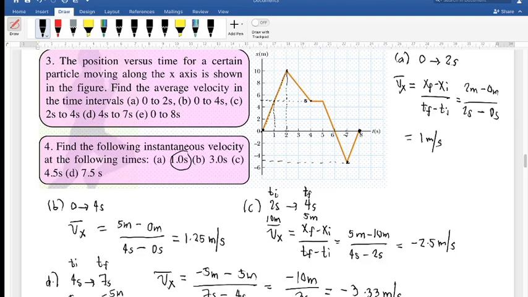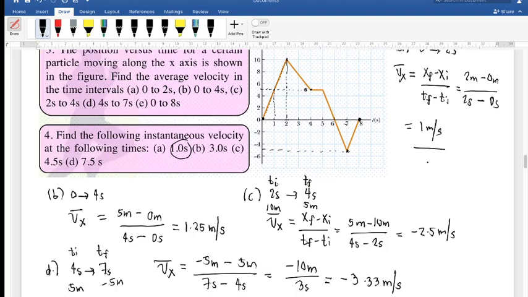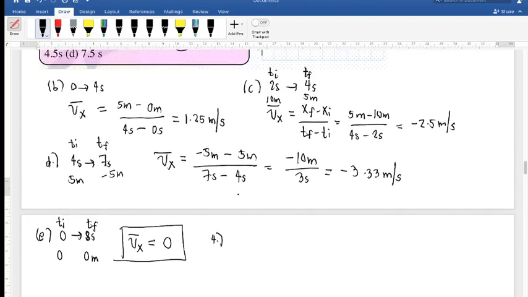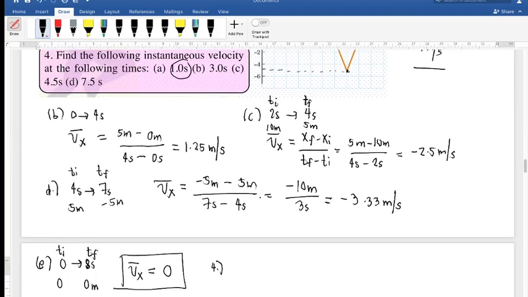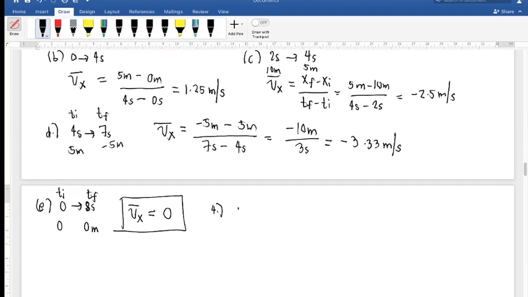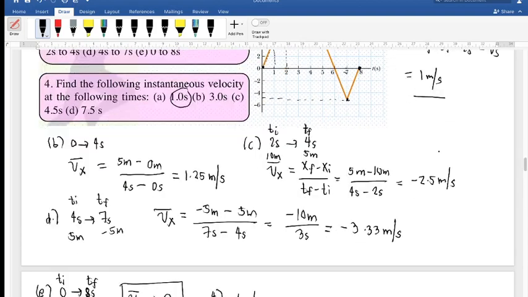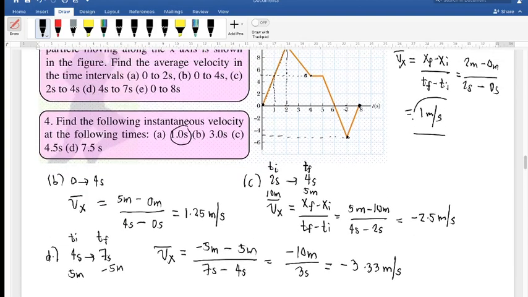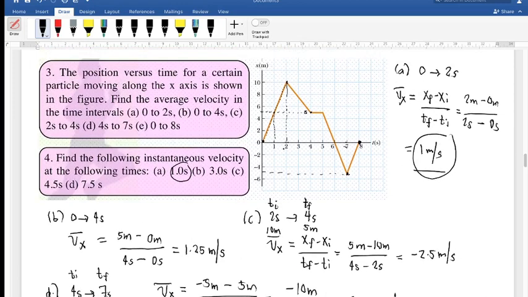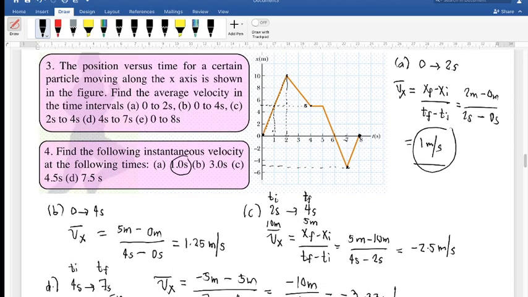So meaning that from i-average na mo from 0 to 2, you still can get equal to 1 meter per second. Okay, so therefore, yung instantaneous velocity mo at 1 second is again still equal to 1 meter per second. So same nito yung first natin, so letter A sa 0 to 2 seconds, kasi between siya sa 0 and 2 seconds.